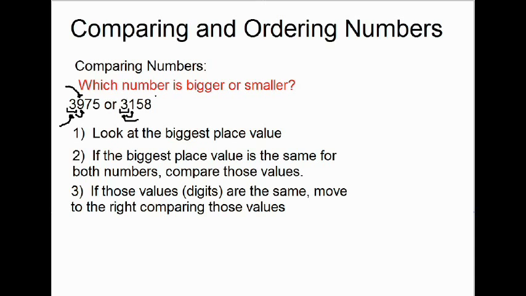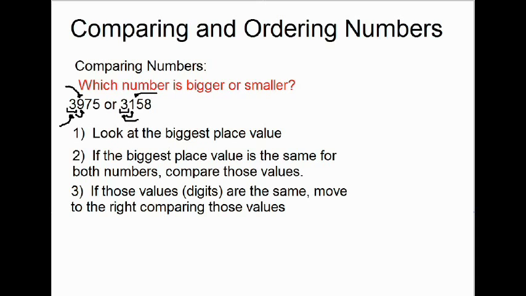Now if those digits happen to be the same, they're not here, but if they happen to be the same, we would continue moving to the right until we got to two digits that were different, that were in the same place value. And we can see that 9 is bigger than 1, so that means 3,975 is bigger than 3,158, or 3,158 is smaller than 3,975.